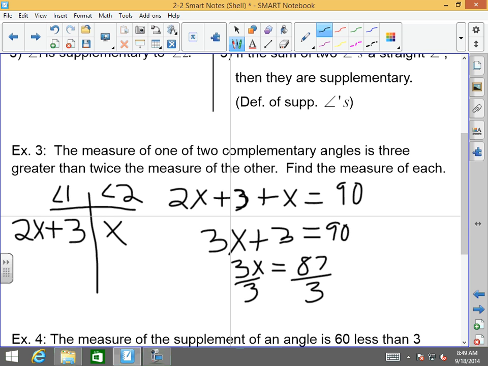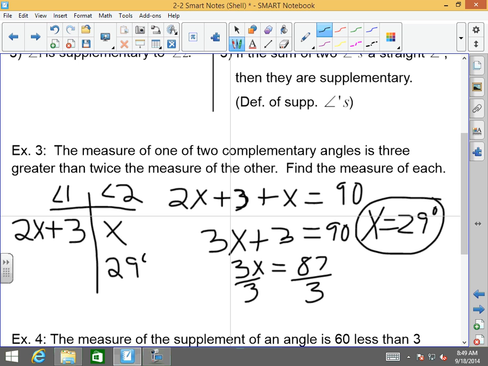Great job. X equals 29 degrees. Find the measure of each angle. We'll plug it in. Angle 2 will be 29, and angle 1, very good, will be 61 degrees. If you notice, guys, I don't do the table because I'm so awesome.